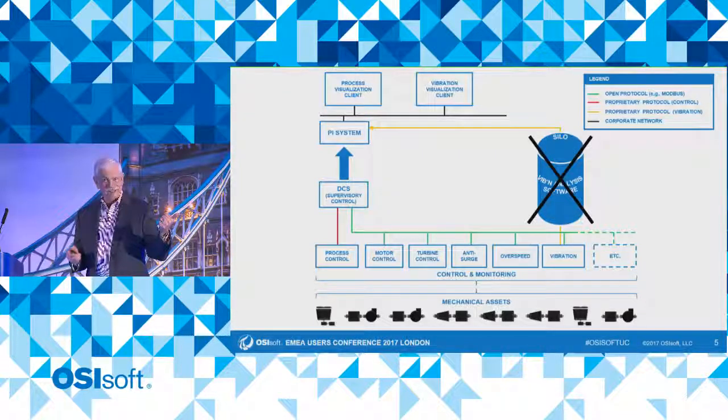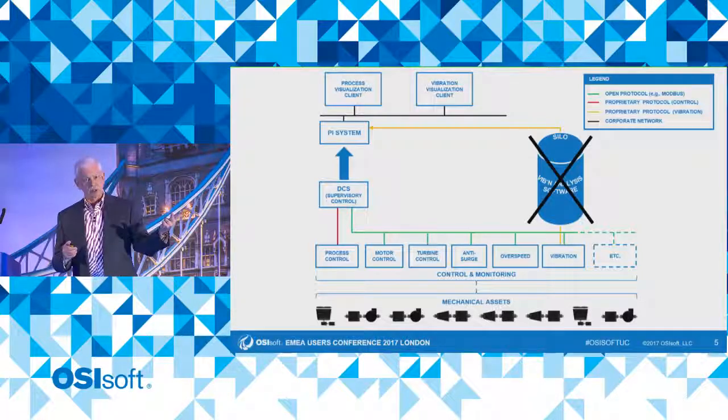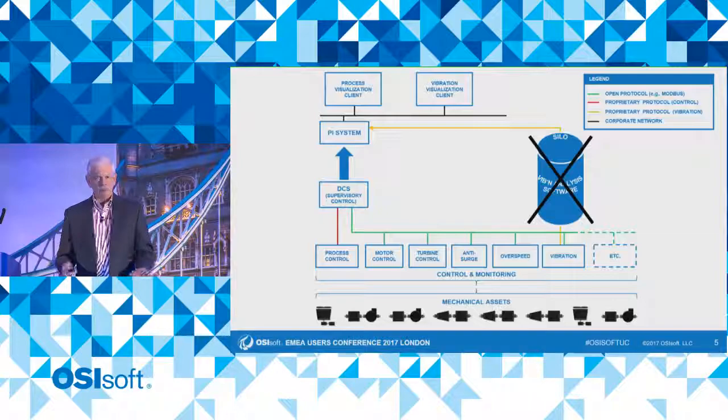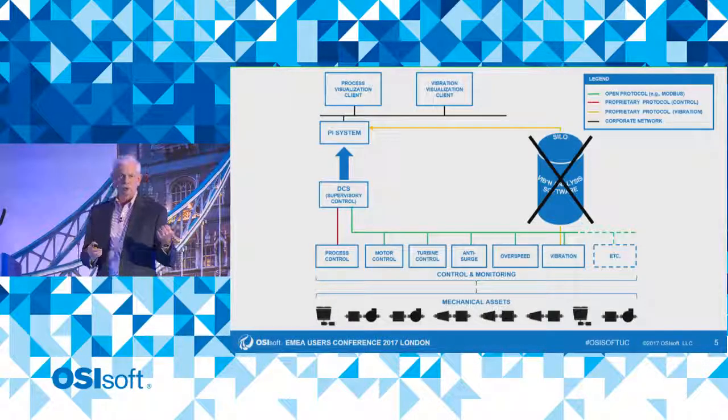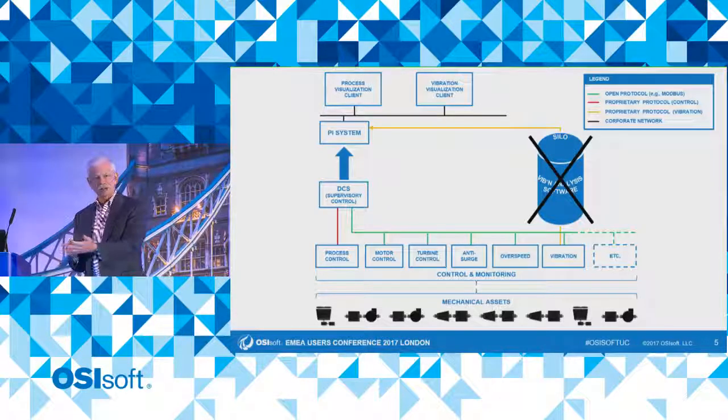It's not fast enough, it takes too much bandwidth, it will require too much storage. So what we do is educate people. We show them how to do this in a manner that won't break your PI system, it won't rob your machinery people of the data and the capabilities they're used to getting through a standalone system, and it's actually better.